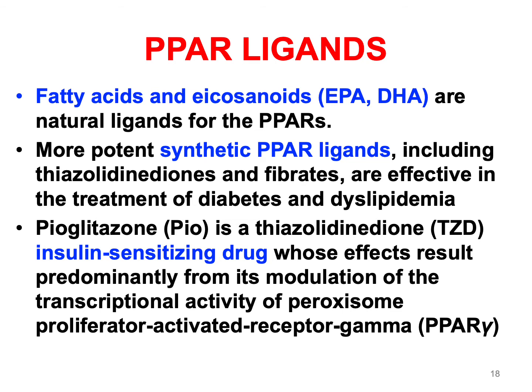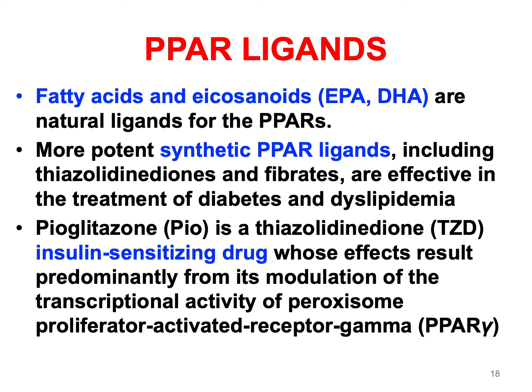Pioglitazone is a thiazolidinedione insulin sensitizing drug whose effects result predominantly from its modulation of the transcriptional activity of the mentioned peroxisome proliferator activated receptor, in this case gamma. Alpha, beta, and gamma PPAR are the most important.